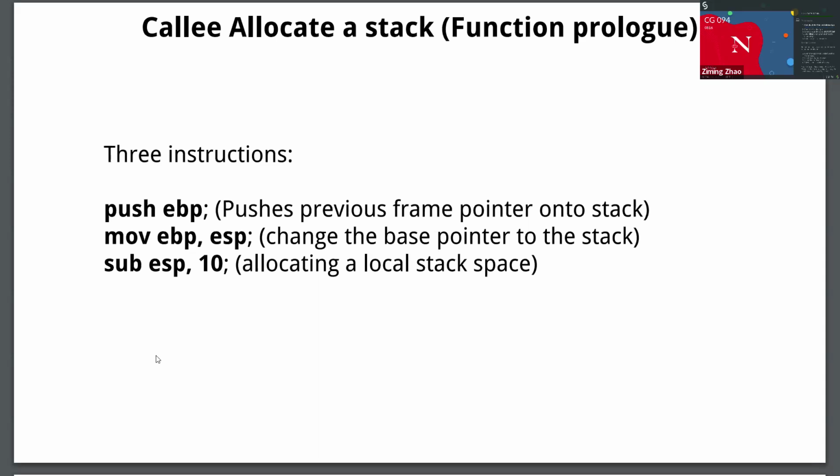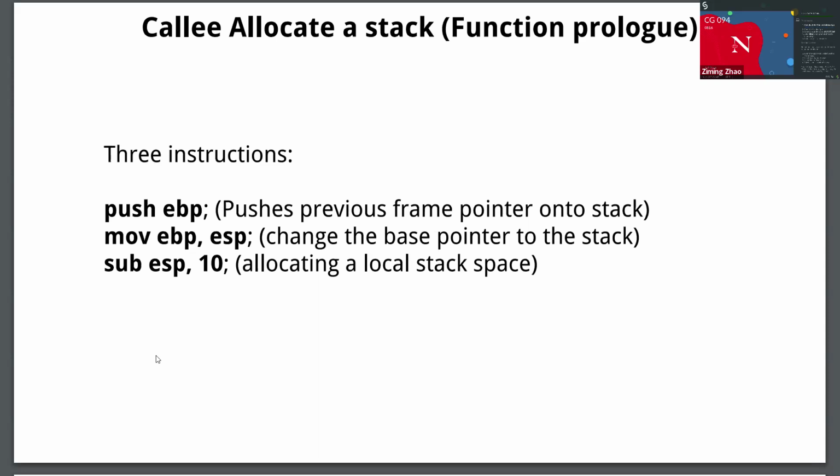The beginning of a function, we call the function prologue. Usually they have three instructions. The first one is push EBP. The second one is move ESP to EBP. The third one is subtract some value from ESP. When you first enter this function, EBP stores the frame pointer of the previous function.